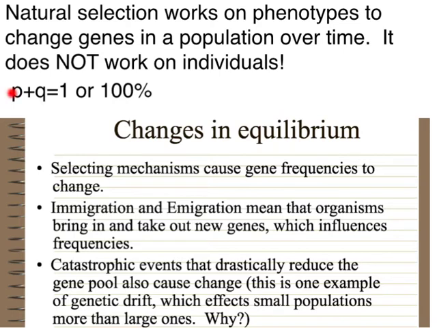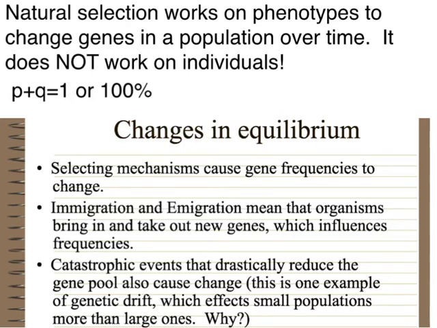If P, the frequency of the dominant allele, is 65%, then that means Q, the frequency of the recessive allele, must be 35%. That's all it's saying, okay? Because you have to equal 100%. Same thing, if Q is 0.25, then P has to be 0.75, okay, to get them to equal 1, okay? So whether you're talking about percentages or decimals here, it really doesn't matter. P is the frequency of the dominant, Q is the frequency of the recessive.